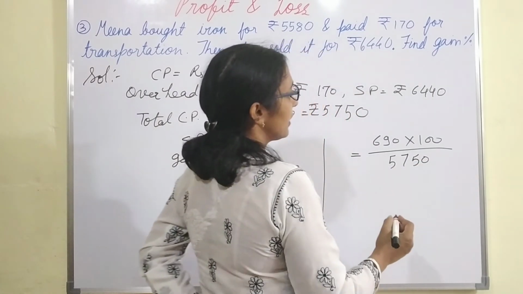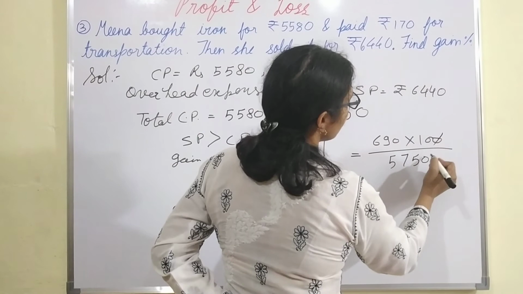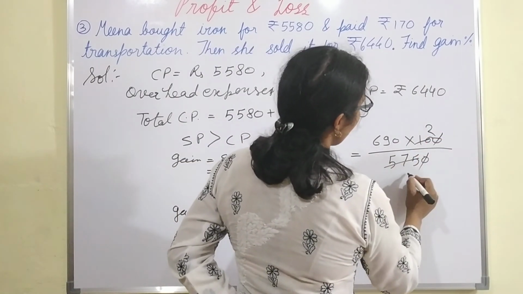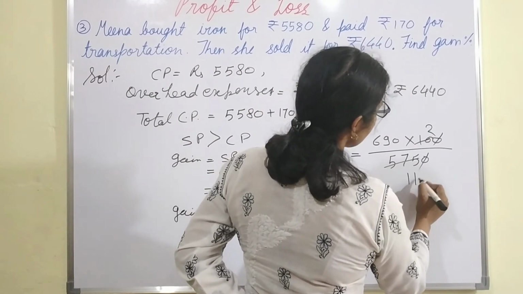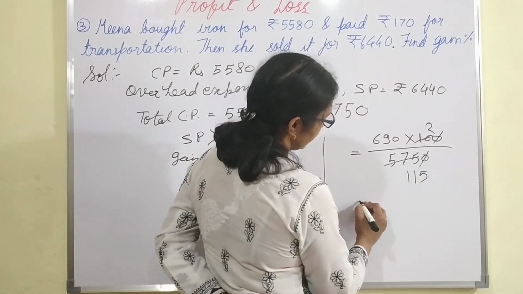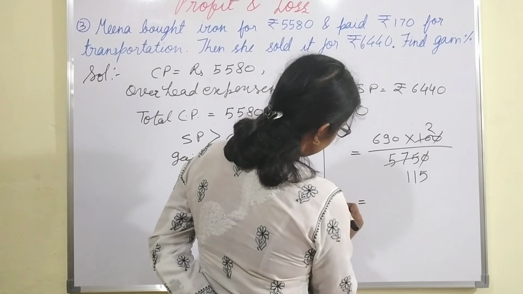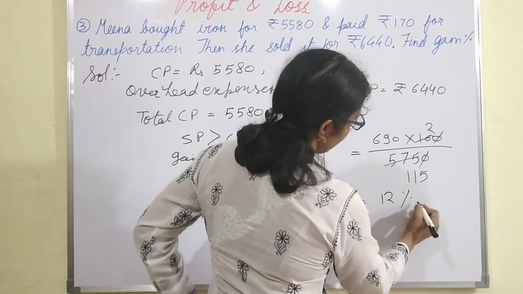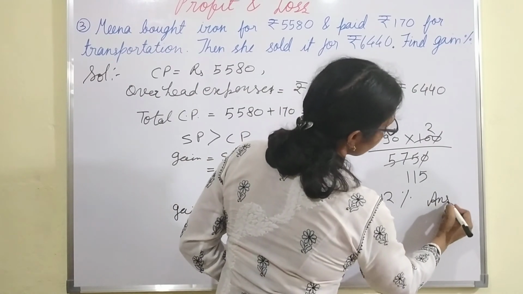Now cancelling: 5 2s are 10, 5 1s are 5, 5 5s are 25. So gain percent is 12%. That's your answer.